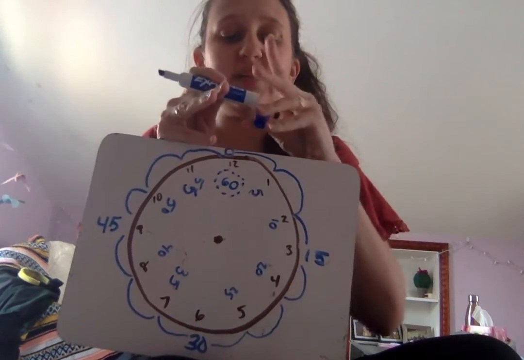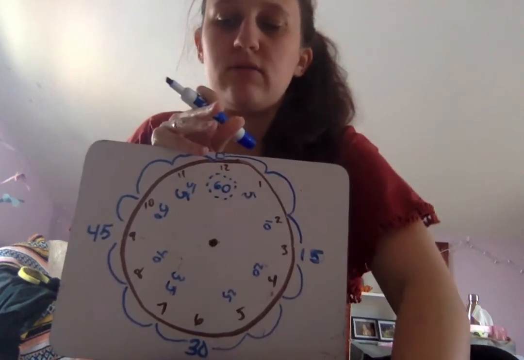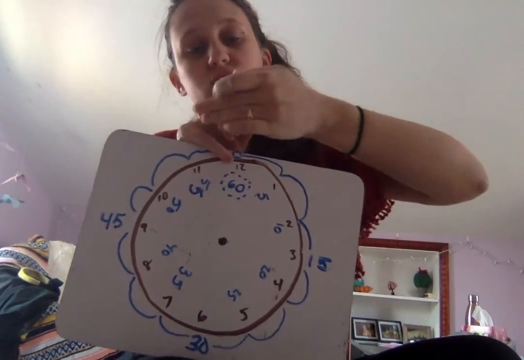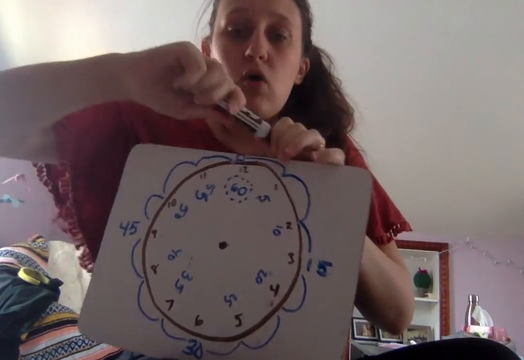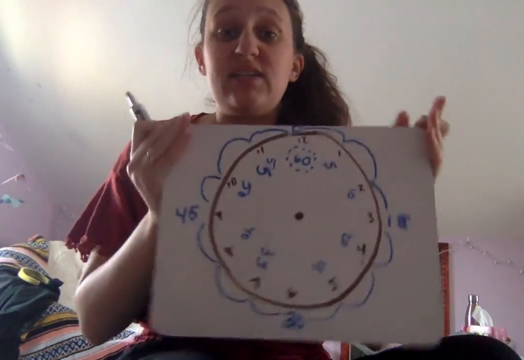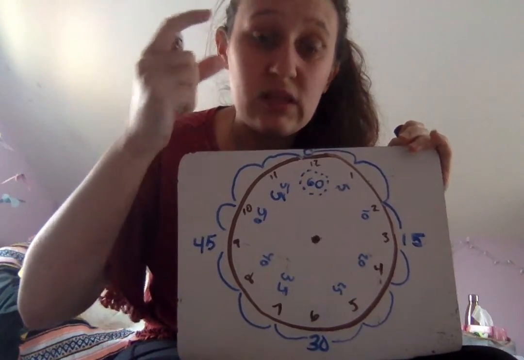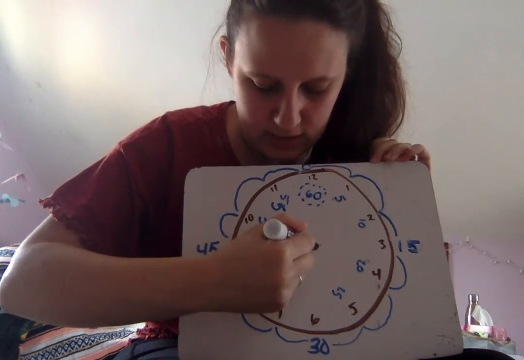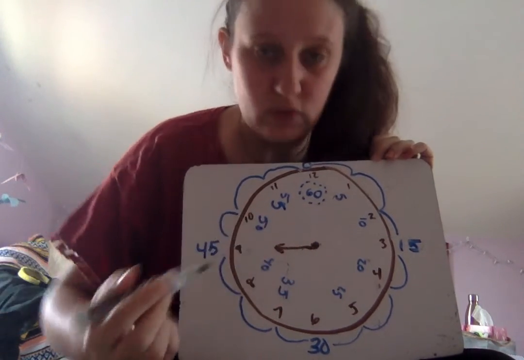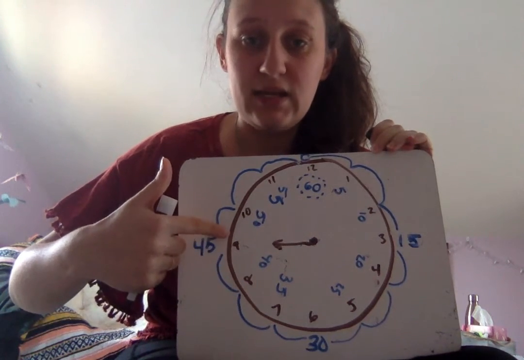So when we're telling the time, we're looking at where the hour hand is, and I'll use a different color so that it's not confusing. The hour hand is the first thing we look at, the little hand. If it's pointing right between 9 and 10, I know it's not 10 o'clock, but it's 9 o'clock.